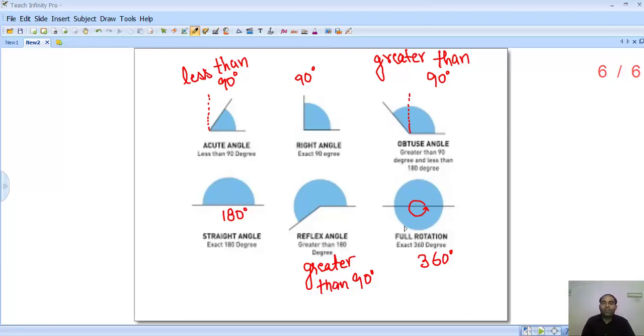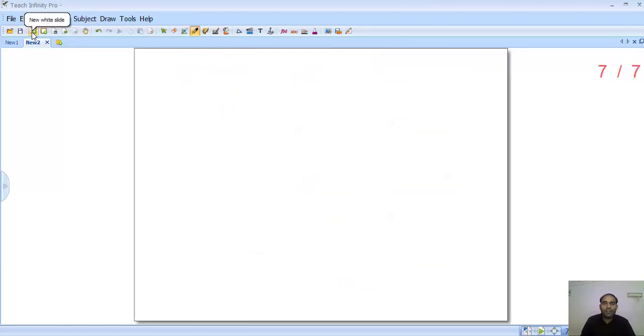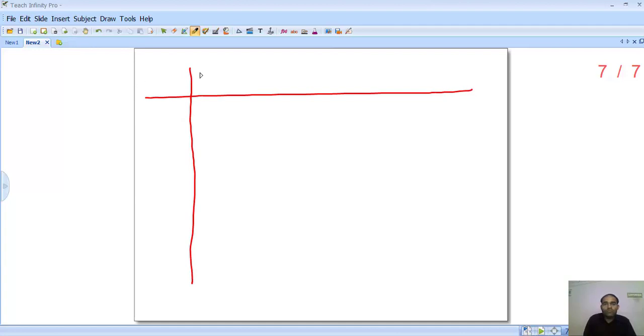Now I am going to ask you some questions and let's see whether we have understood the topic or not. Okay, let me take another page. The first is acute angle. The second one is obtuse angle.